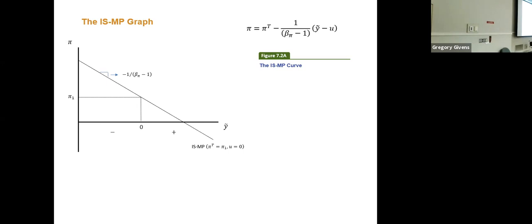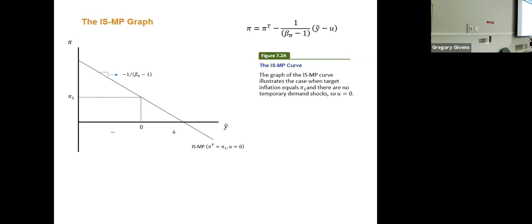It shows us all of the combinations of the output gap and inflation that satisfy the ISMP schedule for given values of target inflation and the demand shock, which is why, be careful here, when I label my ISMP curve, I put this parenthetical argument in there that says it assumes that we know what the value of target inflation is, and we know what the value of the demand shock is.